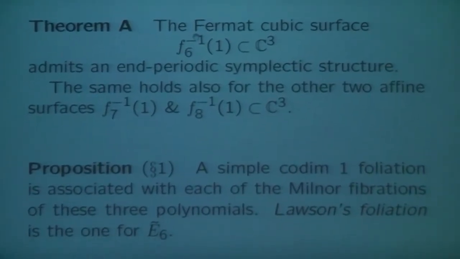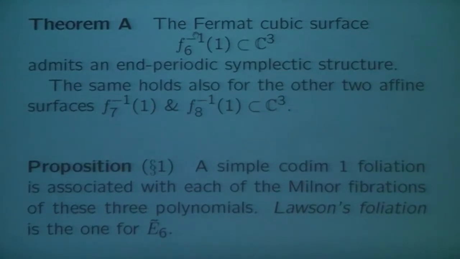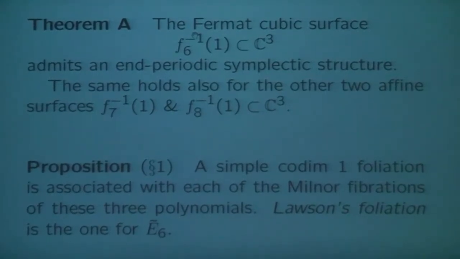In the two variables case, it's really easy to construct a foliation which is associated to the Milnor fibration.